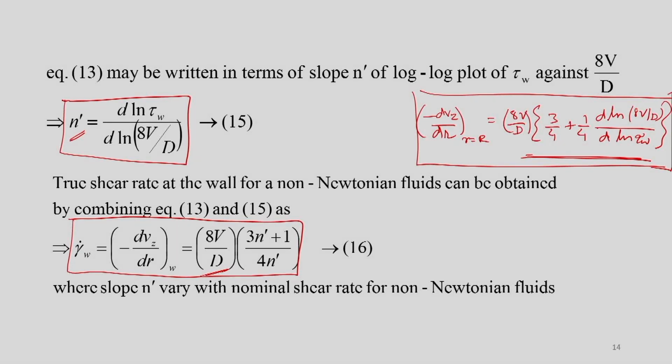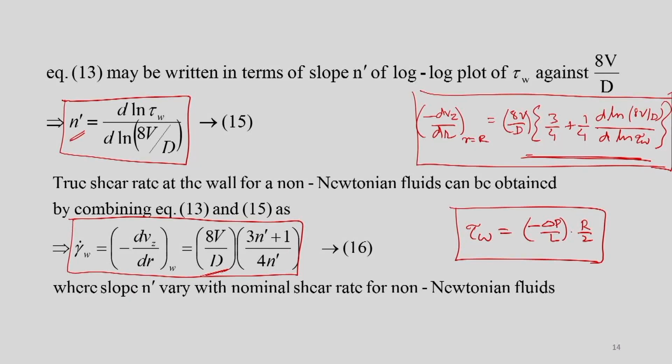So, now we have the information about wall shear stress and wall shear rate. Wall shear stress tau w we have already got as minus delta P by L multiplied by R by 2, and wall shear rate gamma dot w we got as 8V by D multiplied by (3n prime plus 1) by 4n prime.